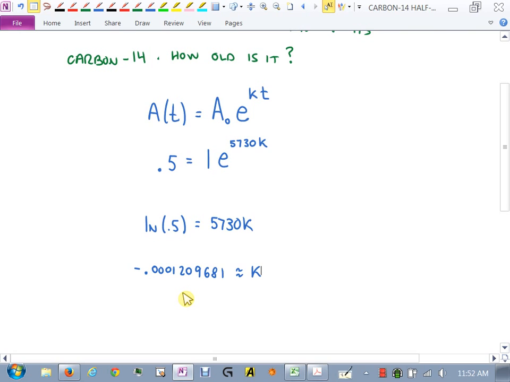Did anyone else get something close to that? Yes? We're good or no? No? You didn't? Is it giving it to you in scientific notation? The e to the negative 4 means move the decimal point over 4 places to the left. You got the same thing? If you don't like that, you can turn that mode off, if you'd prefer that it spit it out the other way. Do you prefer it the other way? You just go to mode. Let me see real quick.